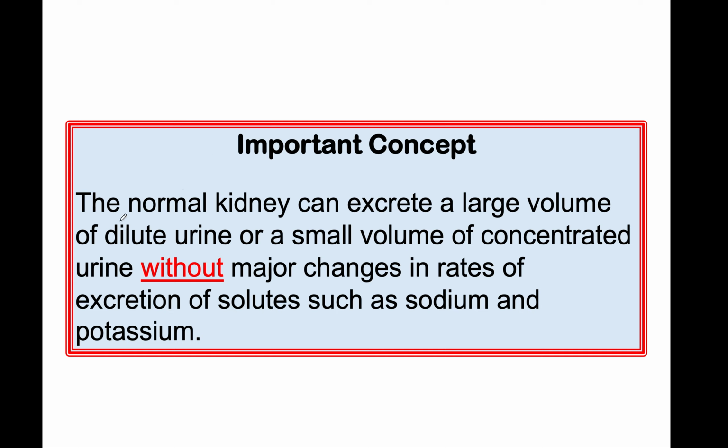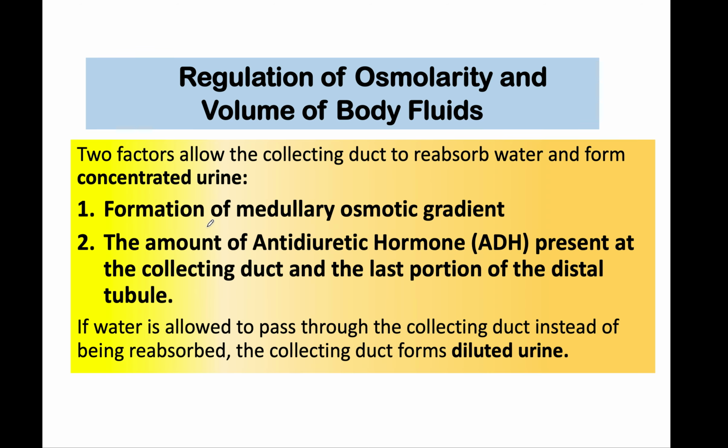So the important concept here is that the kidney, if it's functioning normally, can excrete large volumes of dilute urine or small volumes of concentrated urine. That is the bottom line.